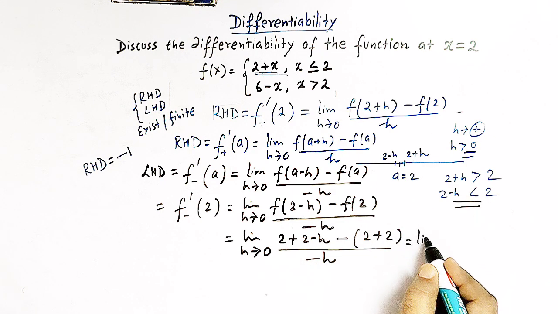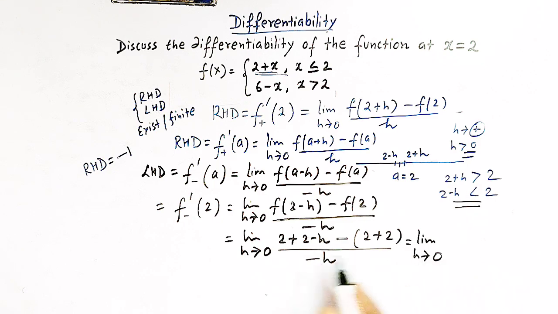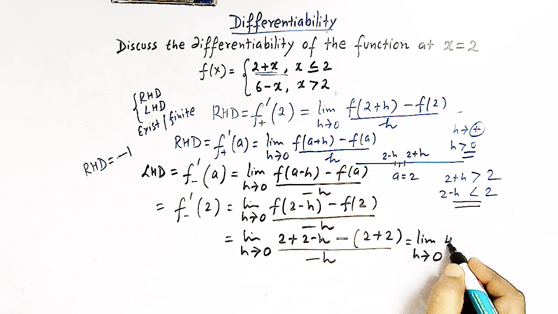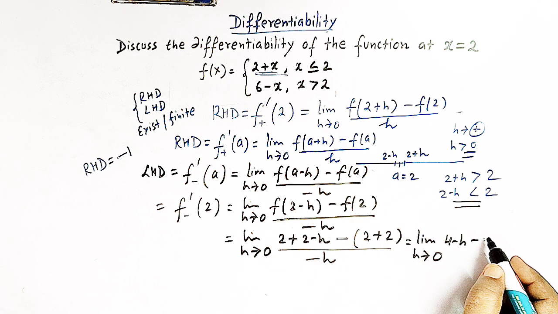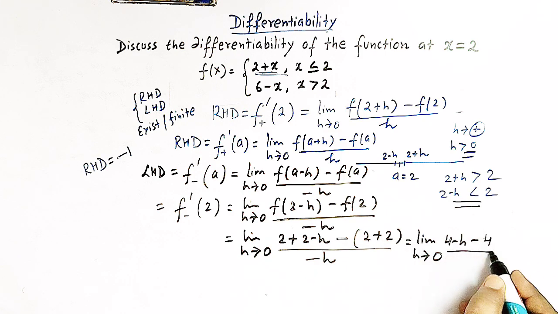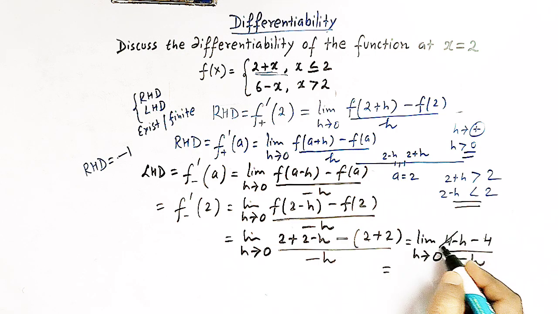Now see, this is the limit h tends to 0, this is 4 minus h, and here 2 plus 2 is equal to 4, and here we have minus h. And now this 4 and this 4 get cancelled.